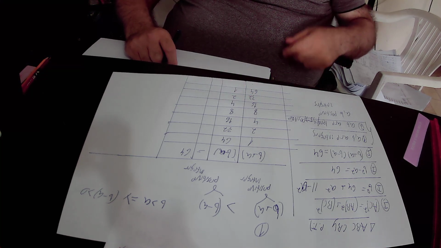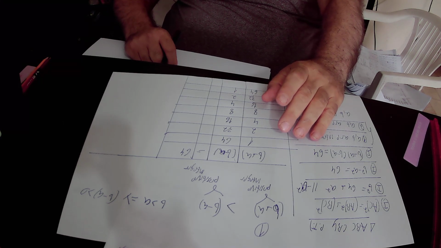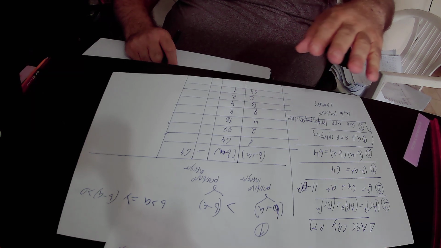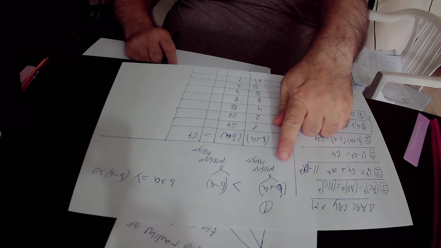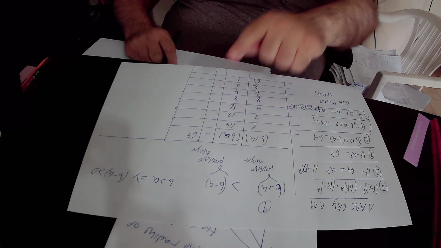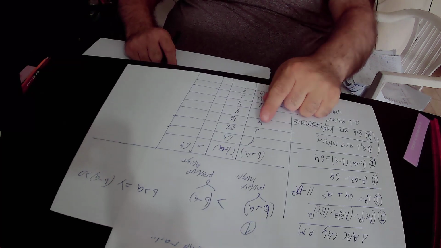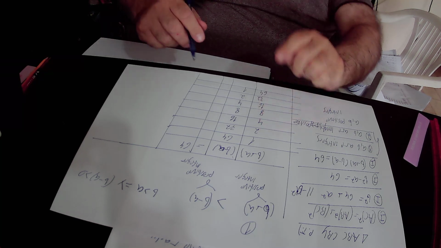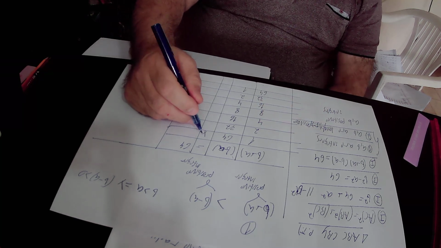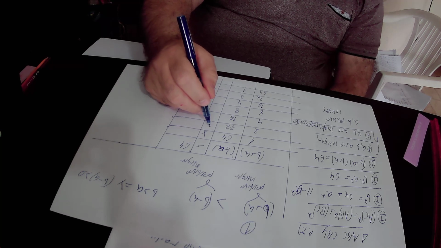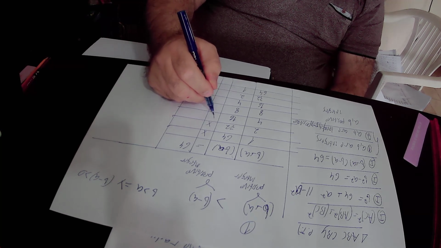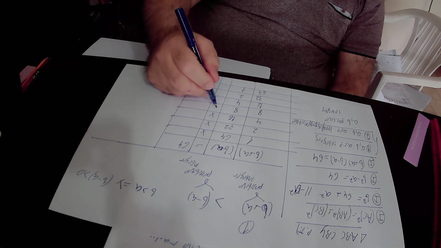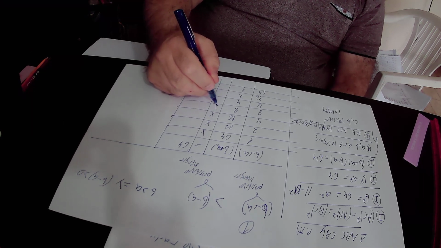And if we find that the first column is not greater than the second column, we'll cancel this option, because B plus A must be greater than B minus A. So here 1 is not greater than 64, therefore we'll cancel this option. 2 is not greater than 32, therefore we will cancel this option. 4 is not greater than 16, therefore we will cancel this option. 8 is not greater than 8, therefore we will cancel this option.